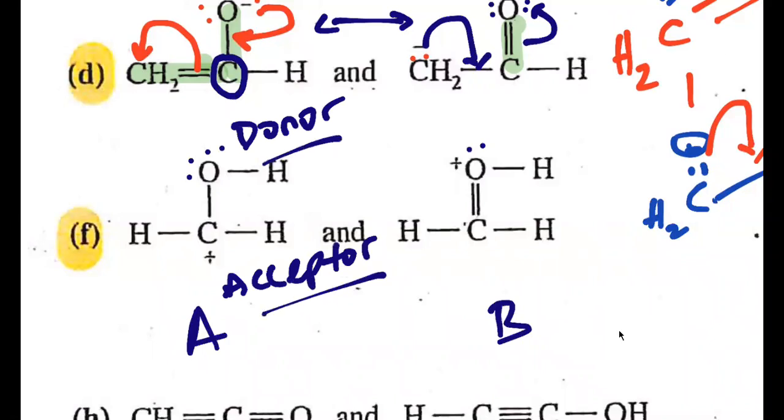When you push electrons, you always push from donor to acceptor, never the other way around. So I'm going to take this and push it here. That gives me this structure on the right, doesn't it?